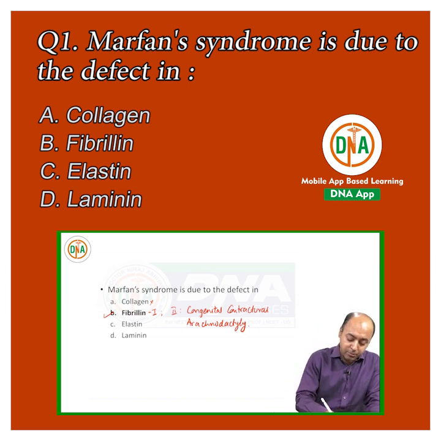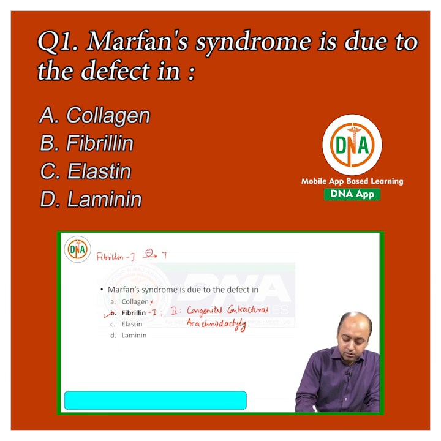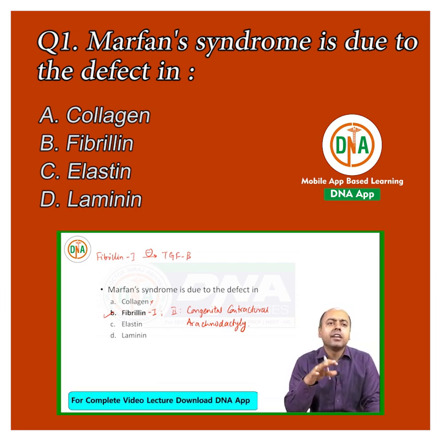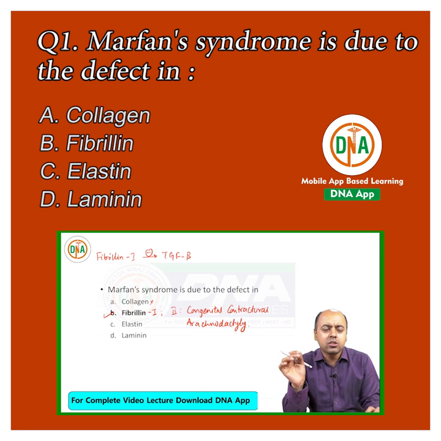So what is basically happening here? Fibrillin normally inhibits the TGF beta. In other words, it regulates the function of TGF beta and ensures smooth and proper deposition of the collagen in the extracellular matrix.